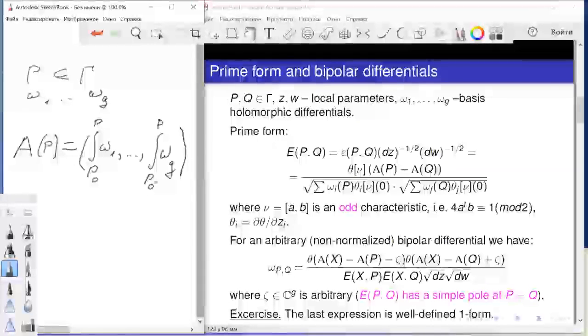Since the integration path is defined only up to, how to say, these integrals are defined only up to periods.